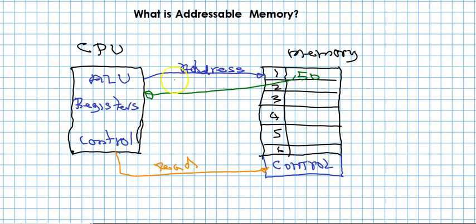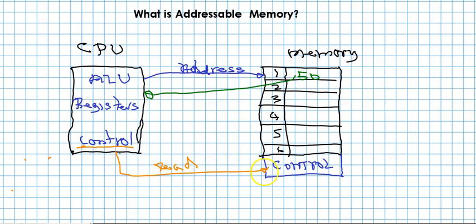So let's look at that again. The CPU is going to put out an address on the address bus, and that address is going to go to the memory, and the address will be 1. So we're saying that we want to get the contents of location 1, and in that memory location is the number 50. In order for that to happen, the control line has to go to read.